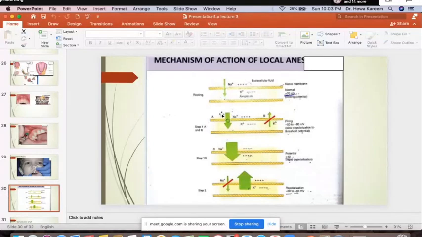Anesthesia stops this permeability, stops this movement: it stops the sodium going from outside to inside, and stops the potassium going from inside to outside. This is the mechanism of action of the local anesthesia.